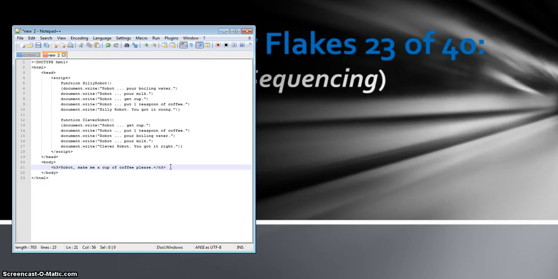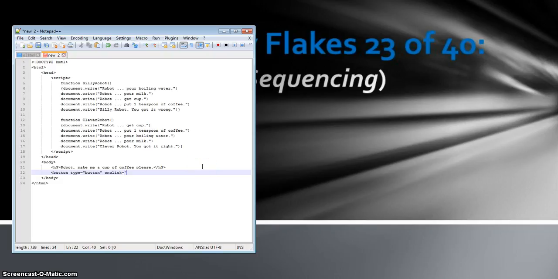Okay, now I need to fire up those functions. To do that, I'll use an input process, but I'll use a button. A button's pretty simple. You can use touch screens, joysticks, mouse, all sorts of things. So button here, type equals button. I have a plain old button type. Okay, and onclick. So I'm going to use a mouse.